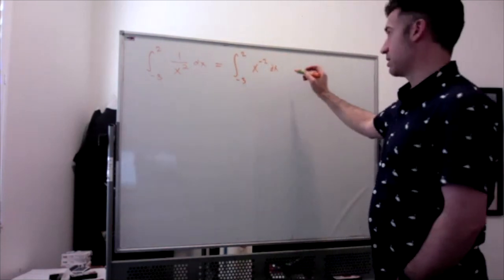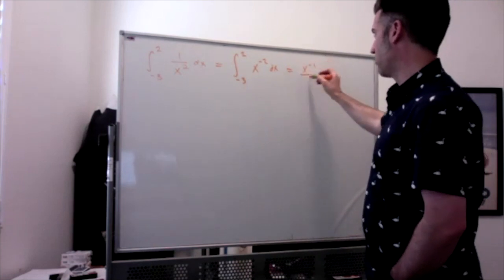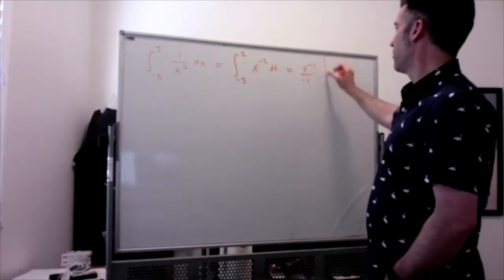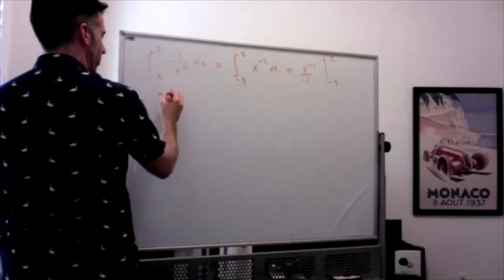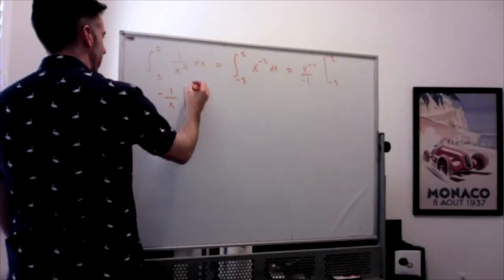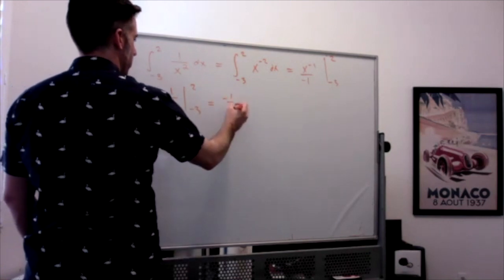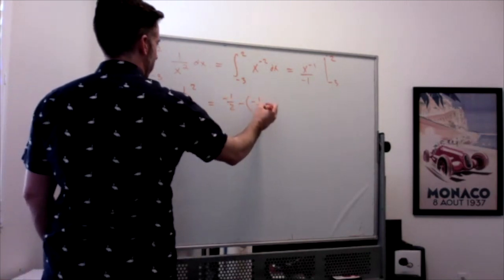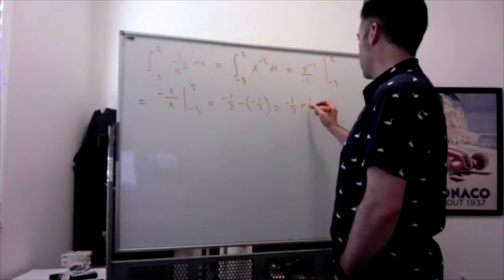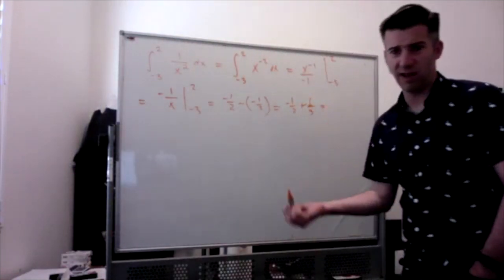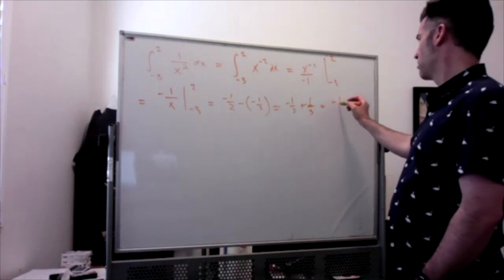Integral of x to the -2nd is x to the -1 over -1 from -3 to 2, which is just -1 over x from -3 to 2, which is -1 over 2 minus -1 over 3, which is -1/2 plus 1/3, which is, I don't know, like -1/6 or something, I think.